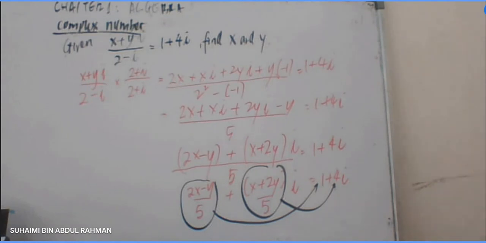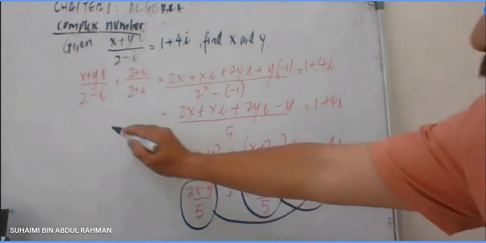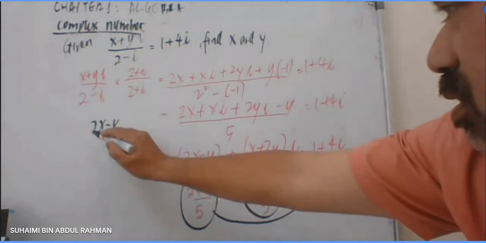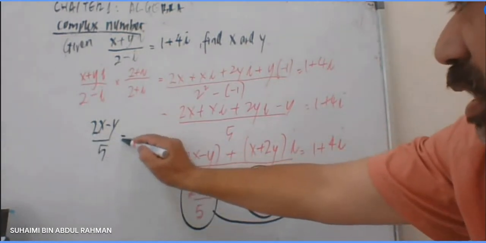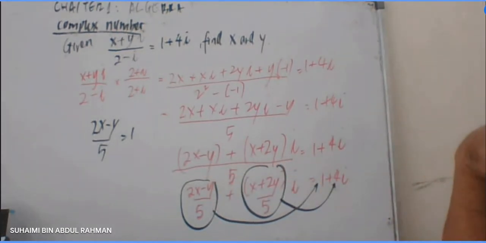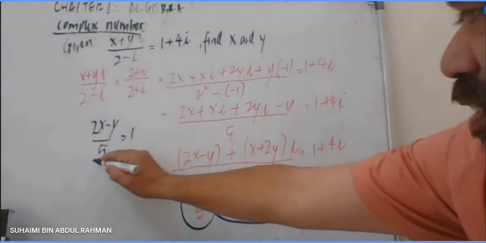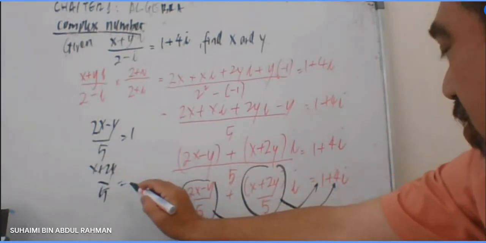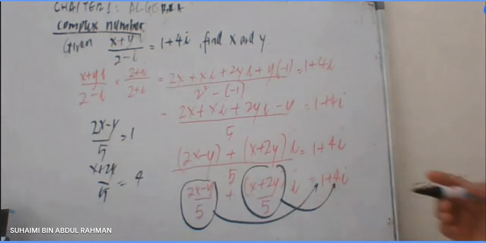So you're going to get two equations here. 2x minus y over 5 is 1, and x plus 2y over 5 is 4.